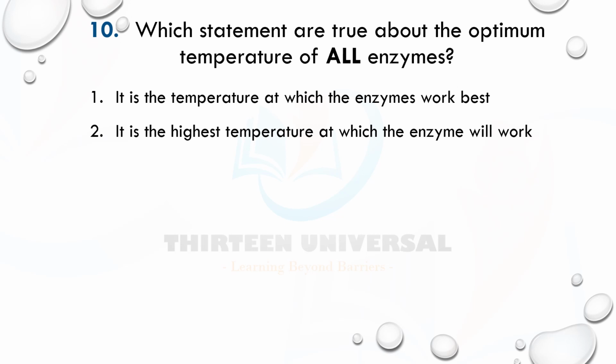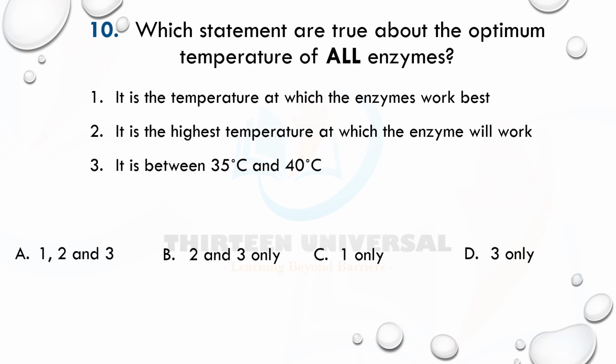Optimum is not the highest. It is the best, for example between 35. Also, enzymes have different optimum temperatures. What do you think is the answer? I go for number one, C only.